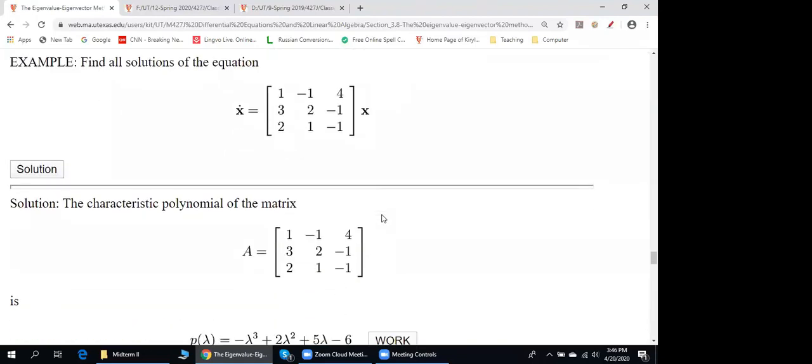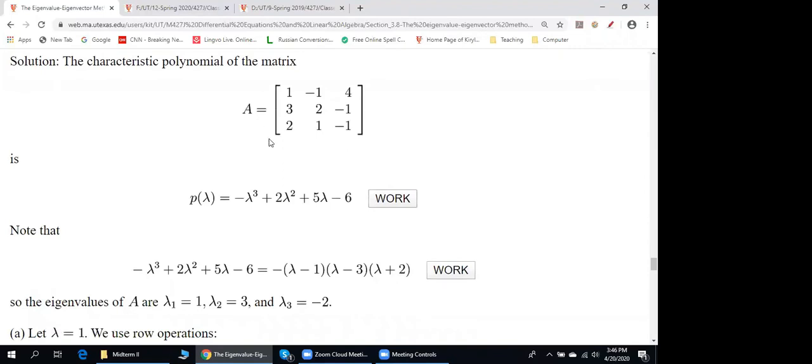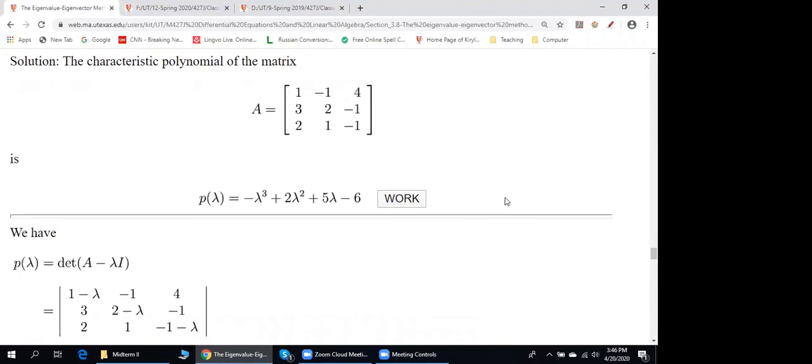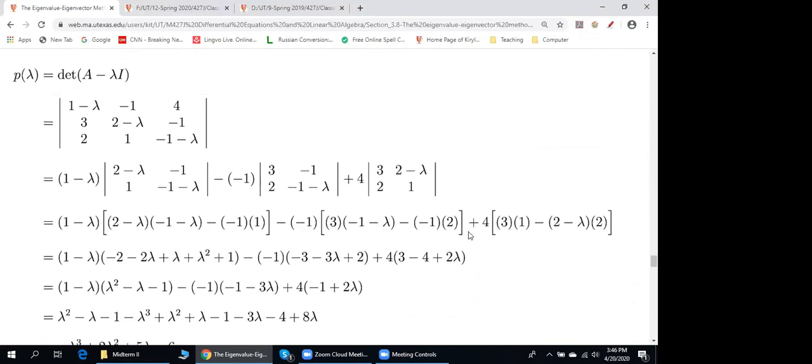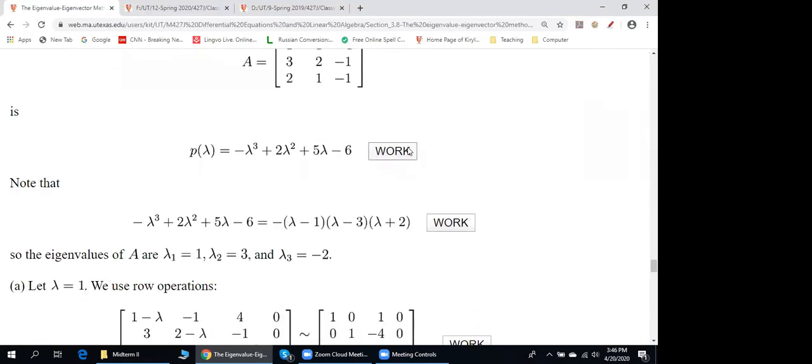Step 1, we find the characteristic polynomial. By the way, since our matrix is 3x3, it takes quite some time to find the characteristic polynomial. But here all steps are shown. Step 2, again, a pretty complicated procedure.